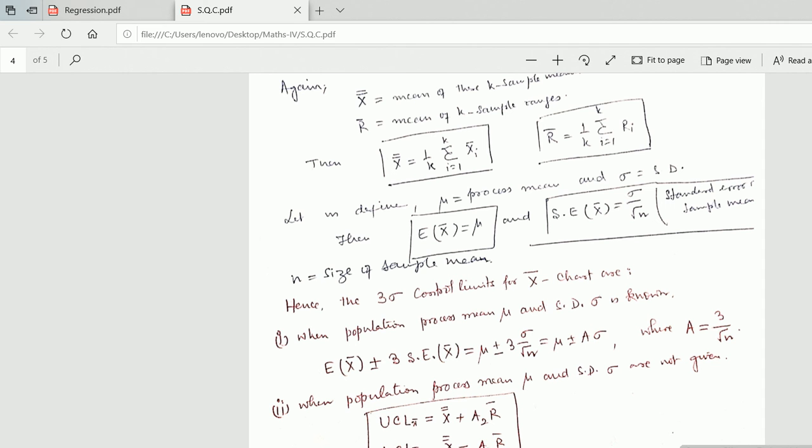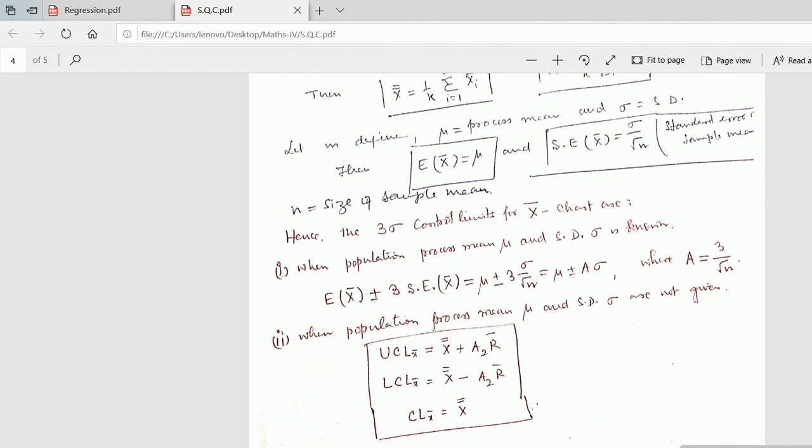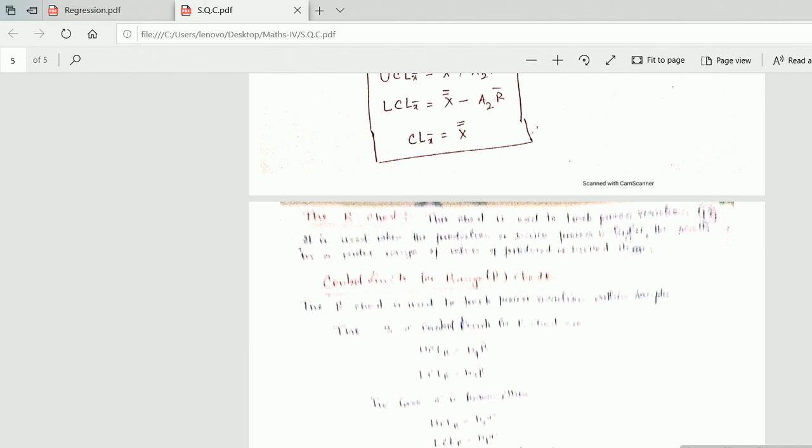Second, when the population process mean mu and standard deviation sigma are not given, in that case UCL for X bar is equal to bar of X bar plus A2 R bar. LCL for X bar is equal to bar of X bar minus A2 R bar. Control line for X bar is equal to bar of X bar.